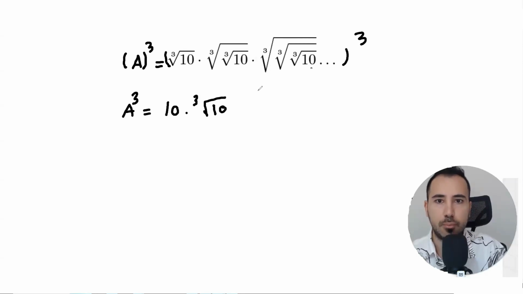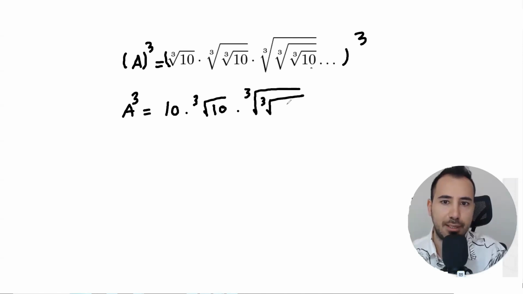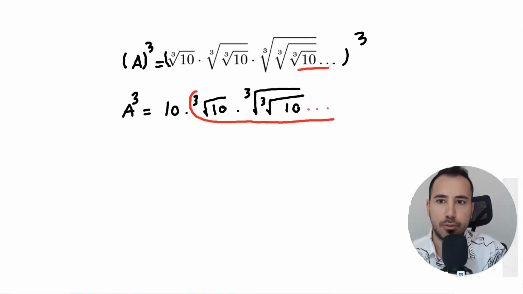So I'm going to write it multiplied by the third root of 10. So now as you see, this is the trick that we use, right? So this will continue infinitely. And as you see, from here, this part will be again this part, which we called A earlier. So this part is again another A.